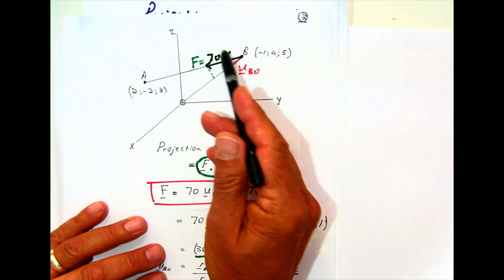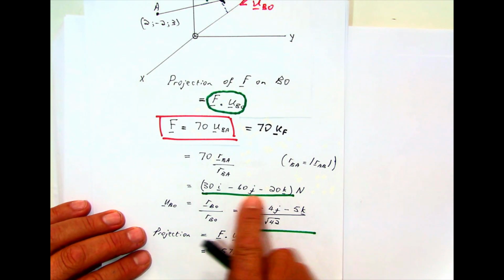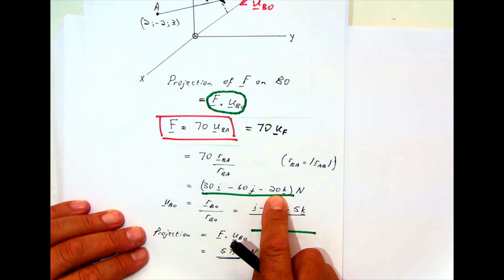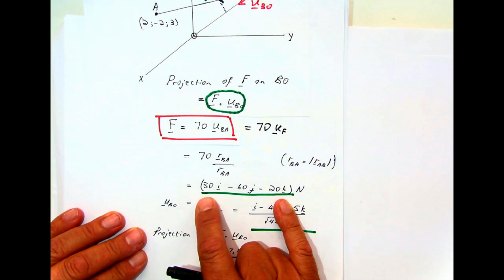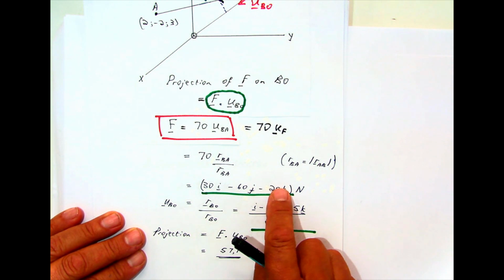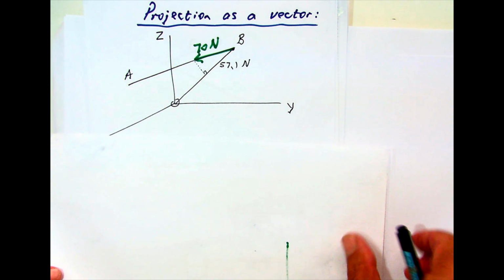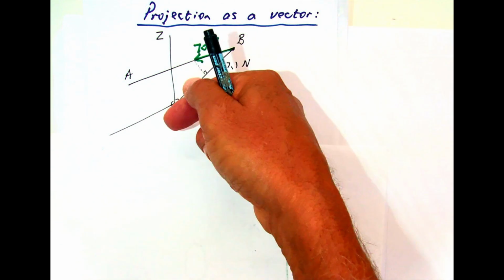We had that 70, but we wrote that 70 as a vector. Of course, the magnitude of this vector will be 70. 30 squared, 60 squared, 20 squared should give you 70. Now the same over here. If I have that magnitude there, what is the vector running along that line?